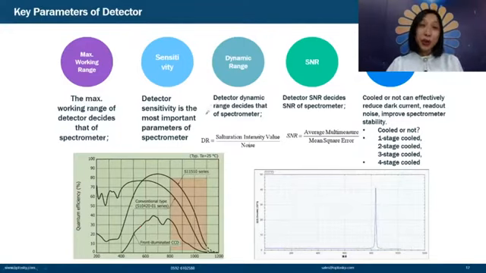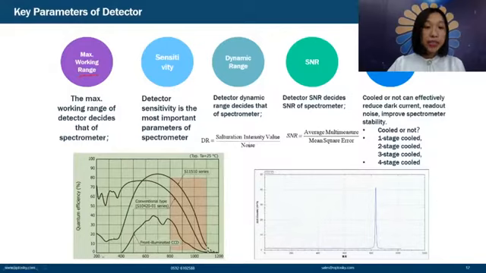So after introducing the detector, we would also like to introduce the core parameters of the detector. First, we need to know the maximum working range of the detector, because the working range of the detector decides the spectrometer's range.